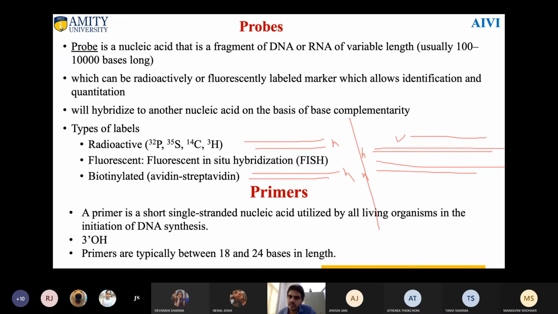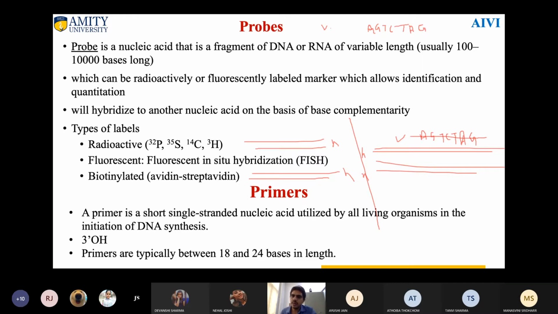For that, we know that if the virus is there, it is going to have some DNA sequence like this: A, G, T, C, T, A, G. This sequence is going to be present in the virus.